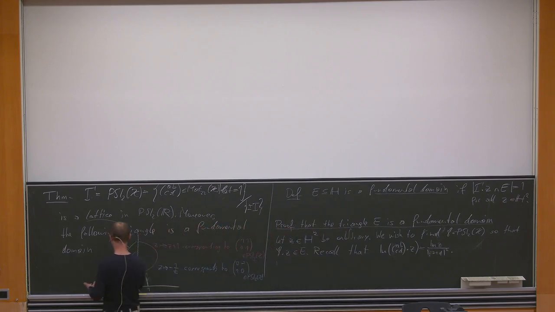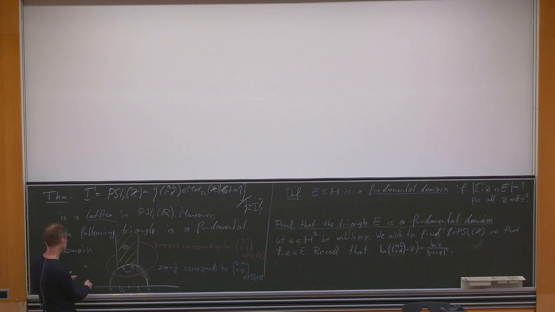Somewhere is my original point. Maybe this is my original point. And then PSL2Z will create other points. If you have a point, you can always add or subtract integers left and right, and you get more points on the same height. But it's kind of difficult to get more points higher up, or points that are really, really high up.